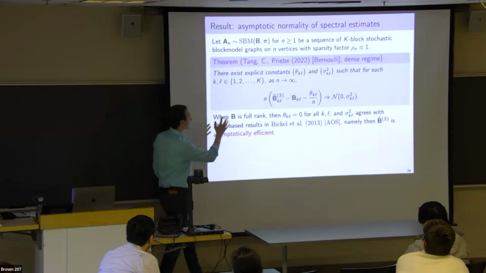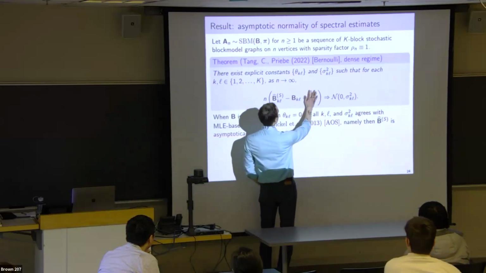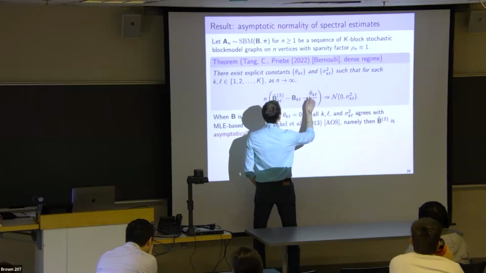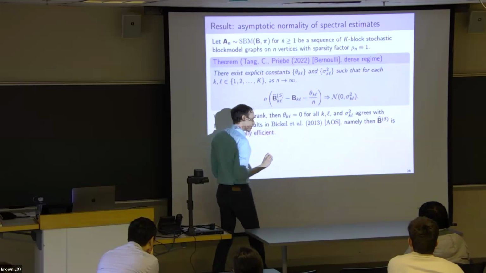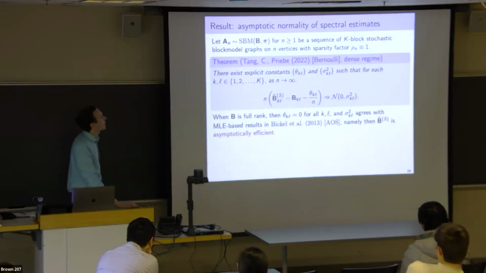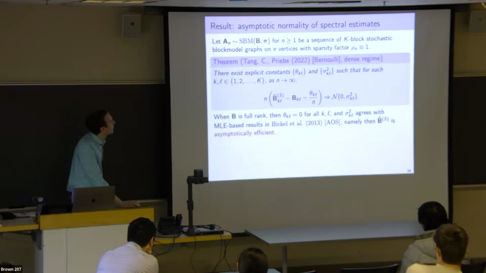In the case when B is full rank, this term vanishes, and we just have asymptotic normality where the asymptotic bias is zero. There's nothing here. But this bias term is actually very interesting and was not known and appreciated in the literature prior to some of this work.